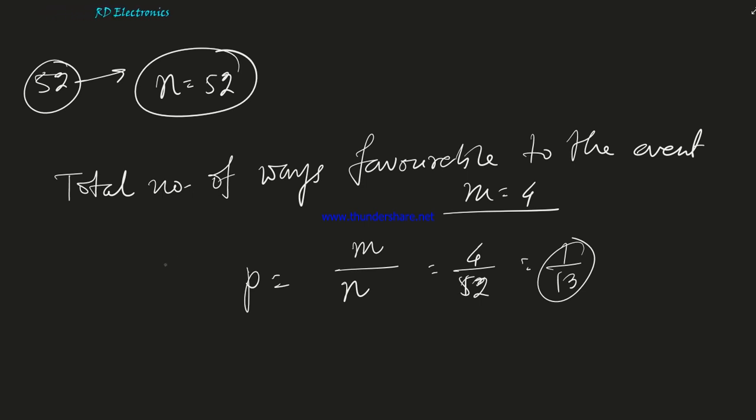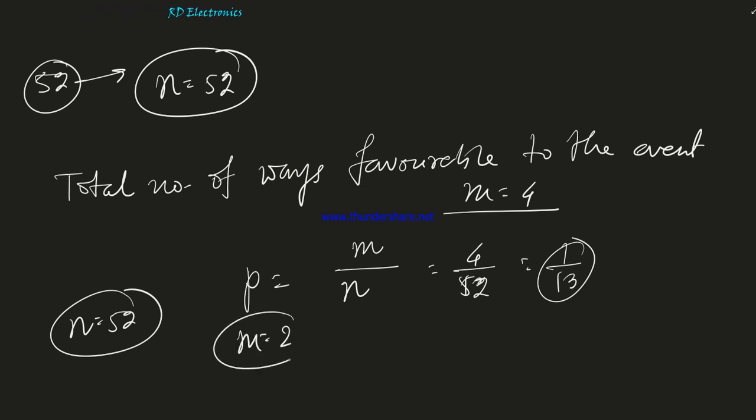Now in the second problem there is also n equals 52, the total number of equally likely possible ways. There is one 2 of hearts and one 2 of diamonds, and we want any one of them, so the number of ways favorable to the event is m equal to 2, not 4.